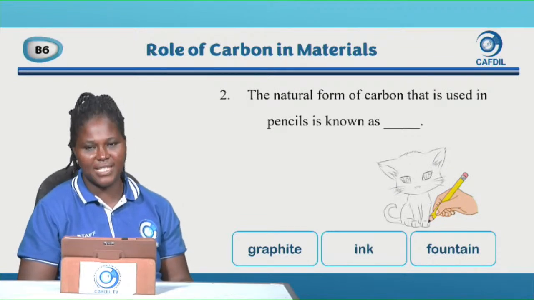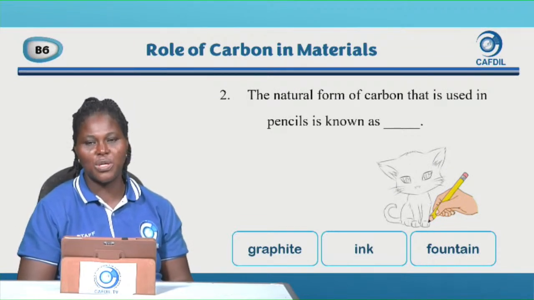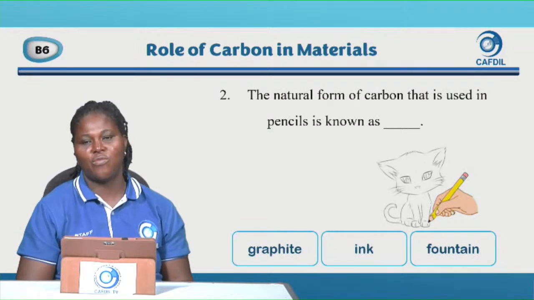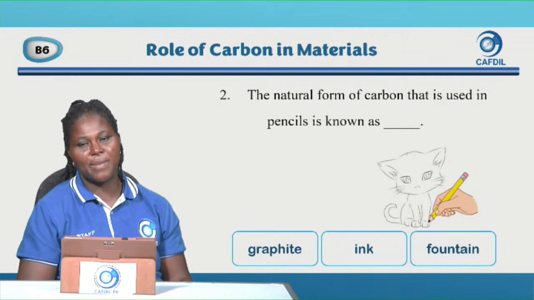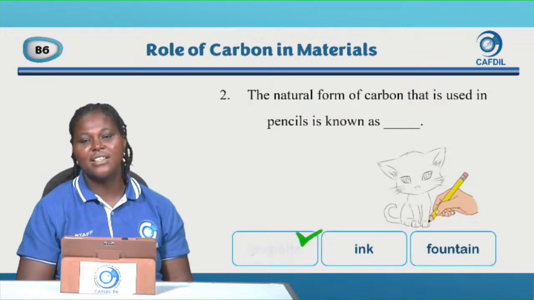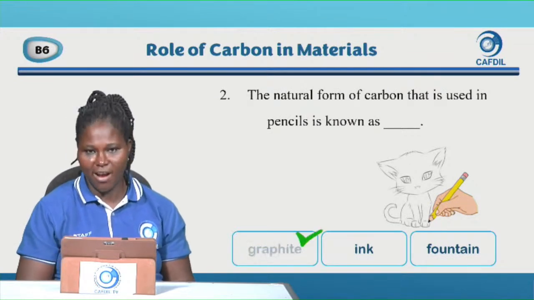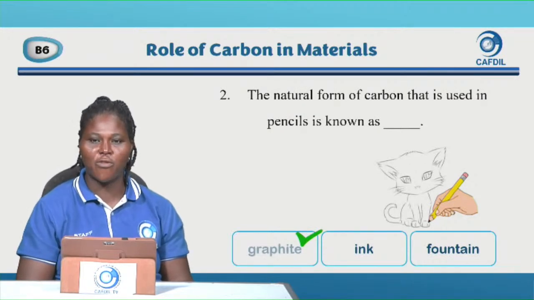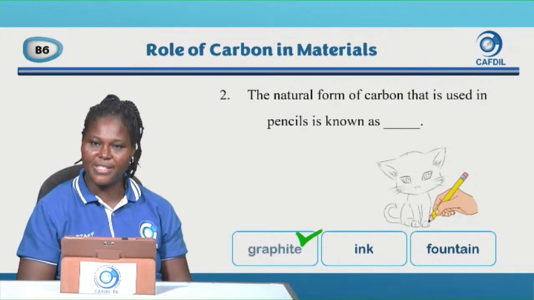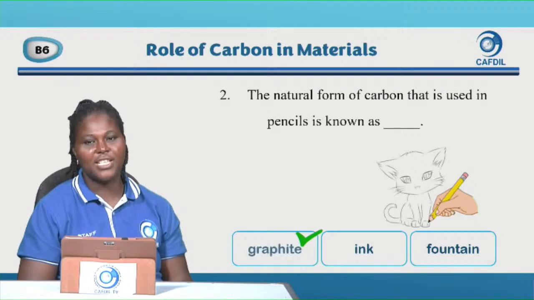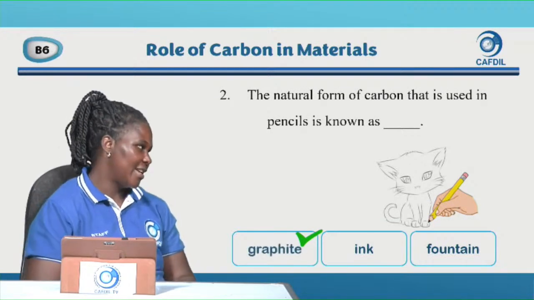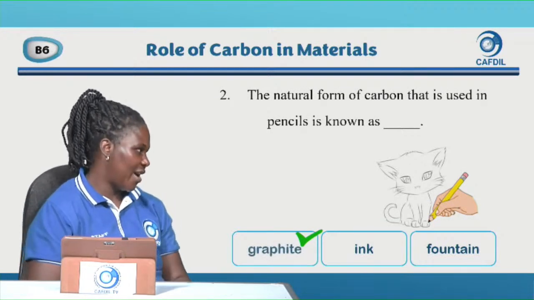So what can we see in the pencil that we use to write and draw? Yes, learners, tell us. We have talked about it. Graphite. So the natural form of carbon that is used in pencils is known as graphite.